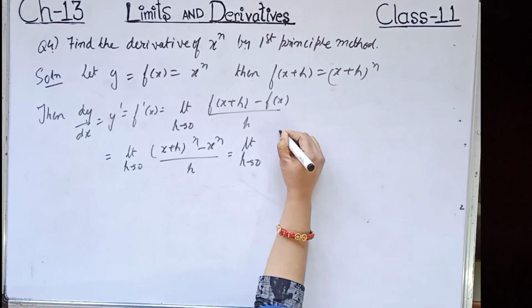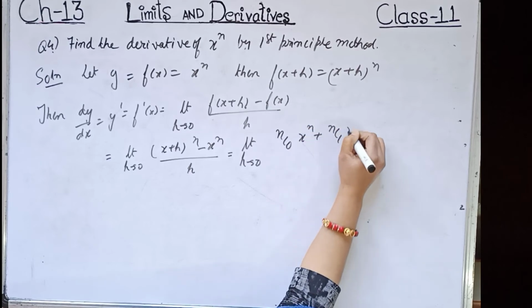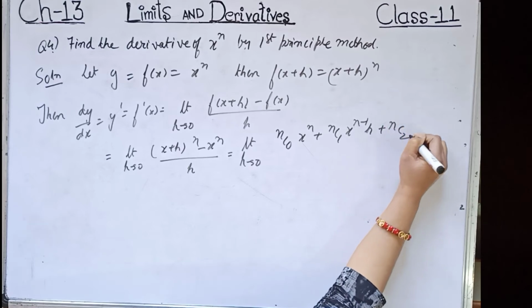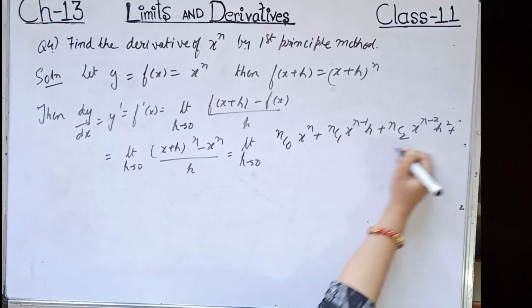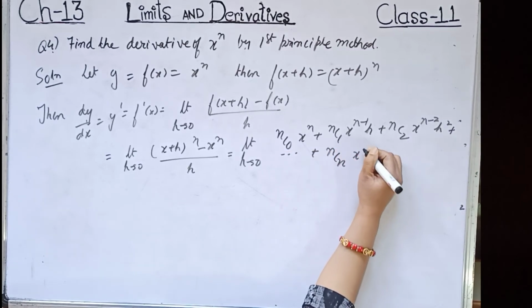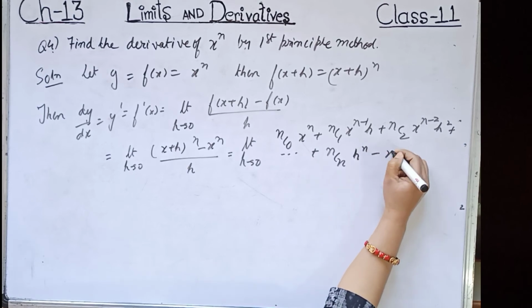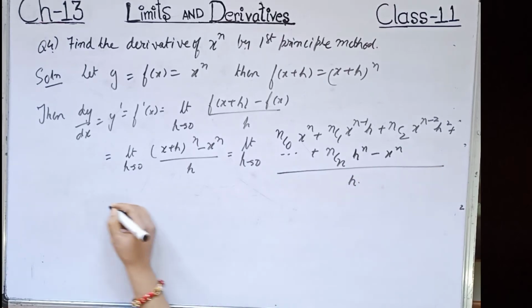So this I can write as nC0 x power n plus nC1 x power n minus 1 h plus nC2 x power n minus 2 h square plus up to so on, nCn h power n, and minus x power n, divided by h.